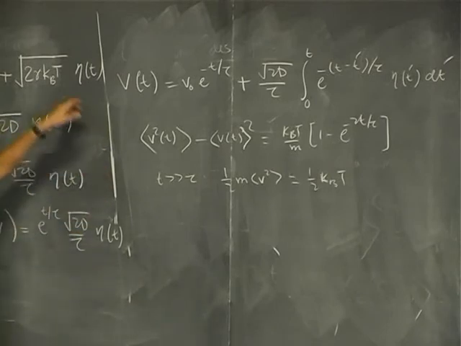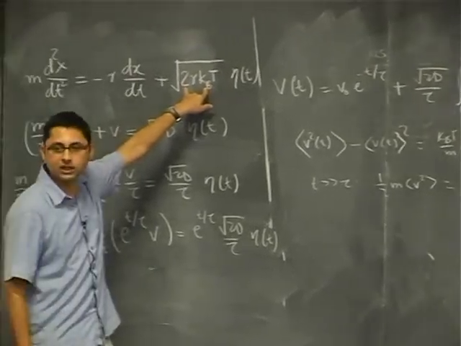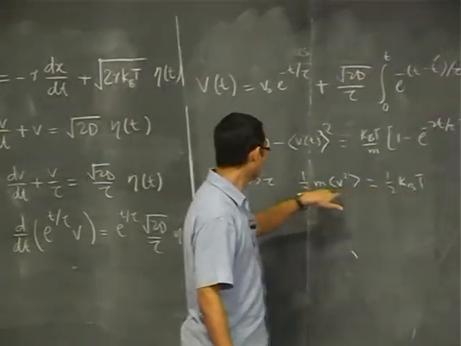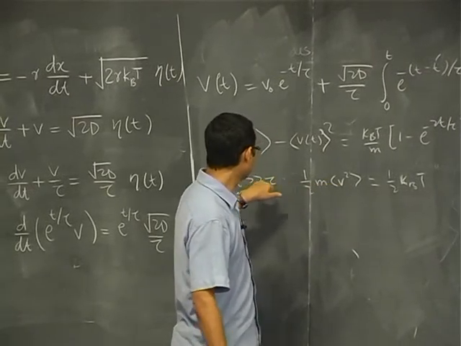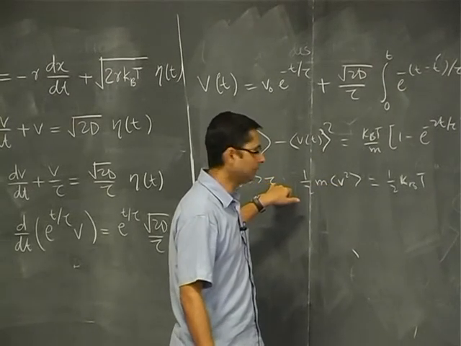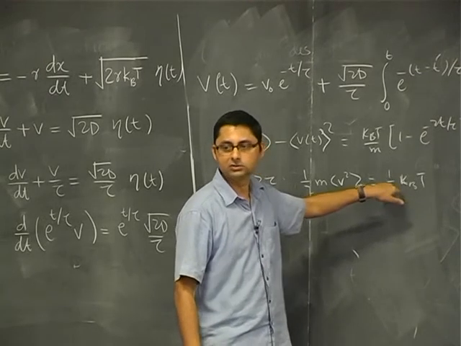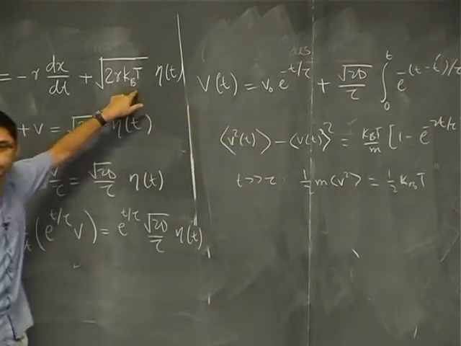So this is the reason for putting it here. You could have started with something unknown here and claimed that when time is much larger than this microscopic time, you should have equipartition. That will fix this one.